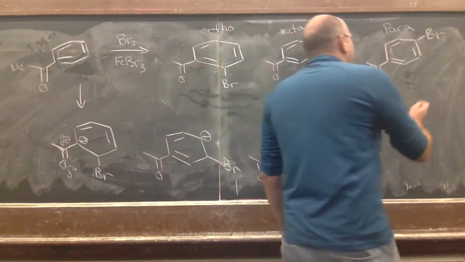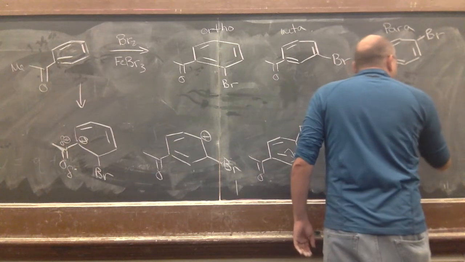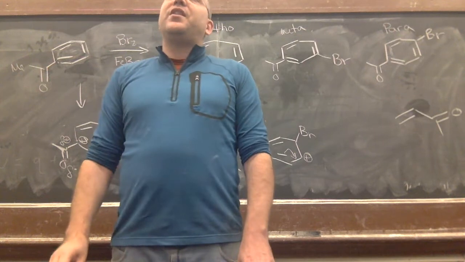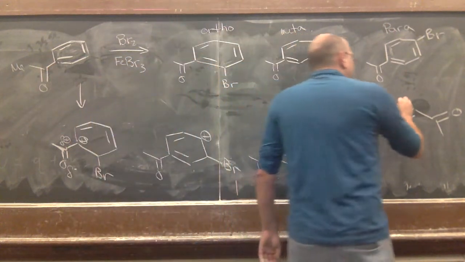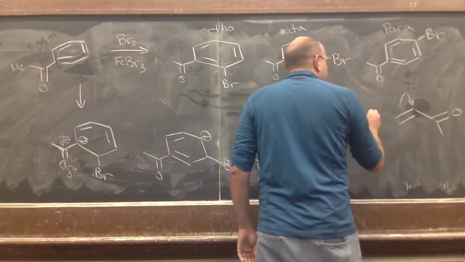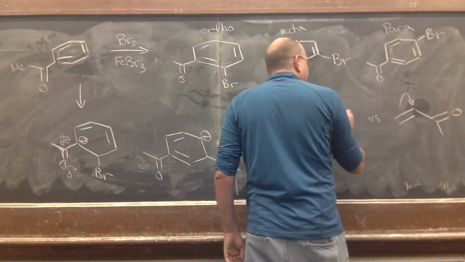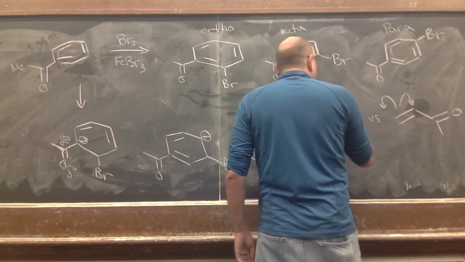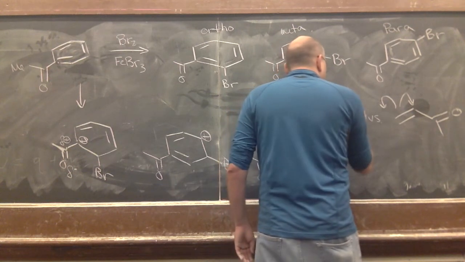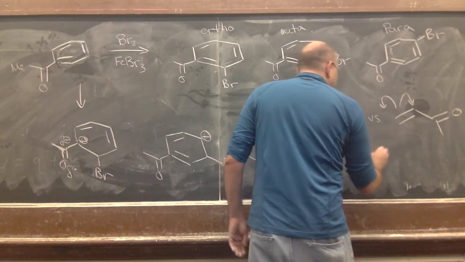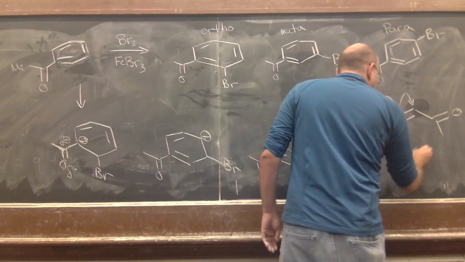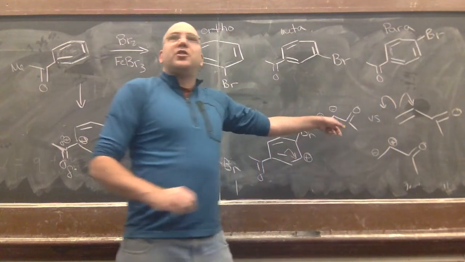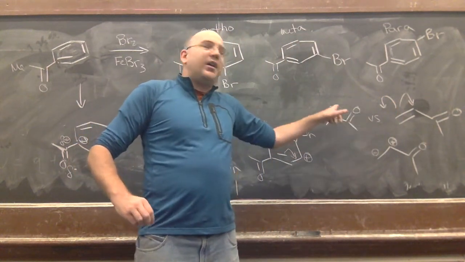It's the same reason why, for example, earlier, when we started talking about resonance forms of this, right? So we can go one way or the other, right? There's an additional resonance form from the negative charge through there.